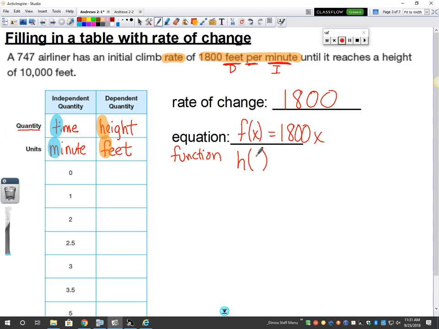The X would be replaced by one of these letters, T for time, M for minute. A lot of times you're going to see T. Doesn't matter. The important thing is, if you're going to use T for a variable, make it the T with a tail so it does not look like a plus sign. I also make it full size. A plus sign would be small, and a T would be larger size.